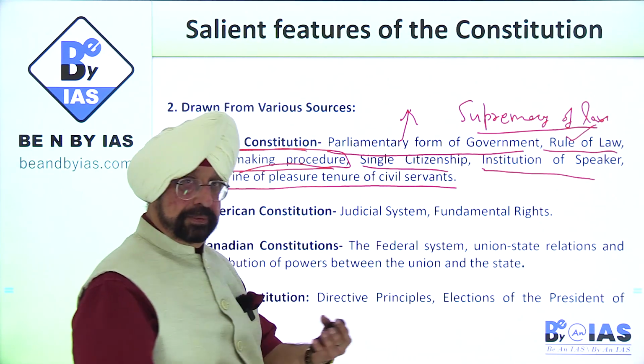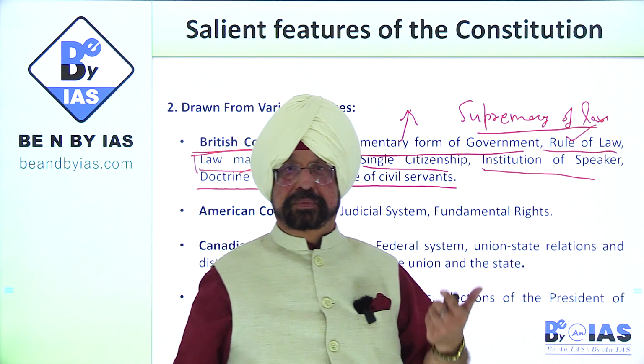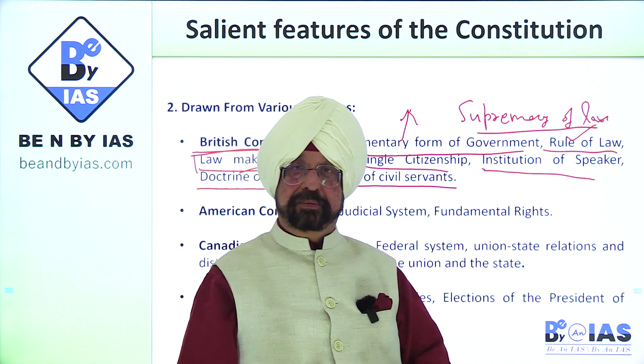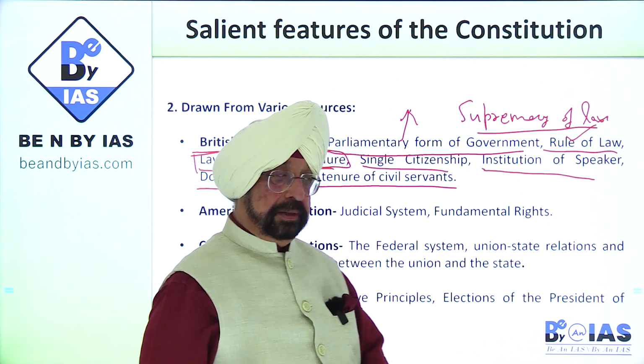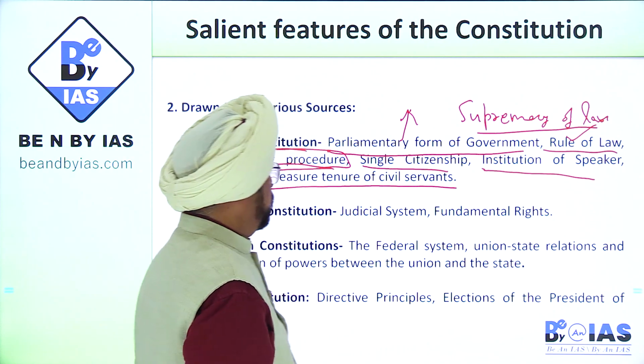That will come when we study the amendment of the constitution. In the case of making of law, that is the basic job of the legislature. So how laws are made, when we study the functions of the legislature during our syllabus discussion, we will be studying in detail at that time.